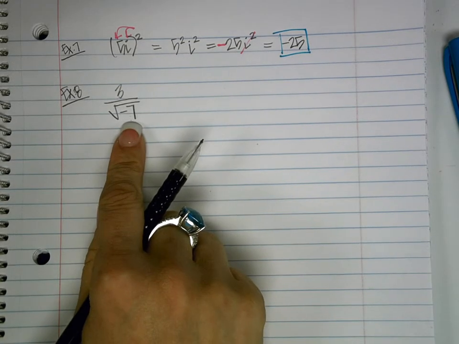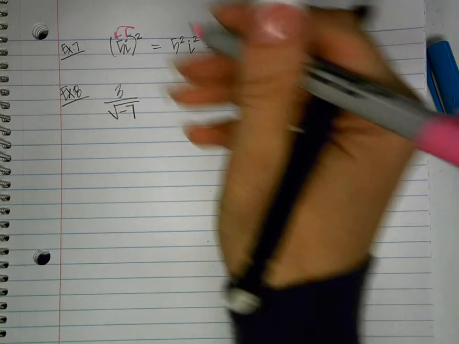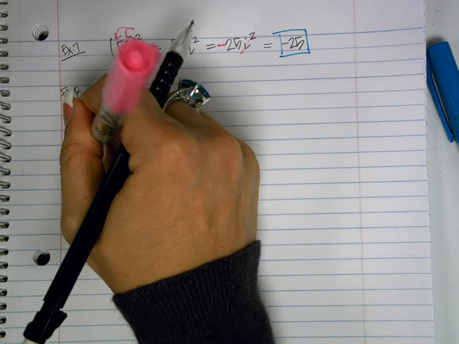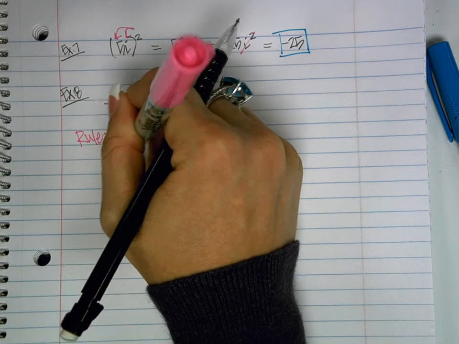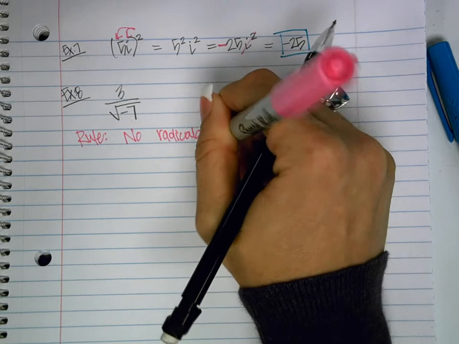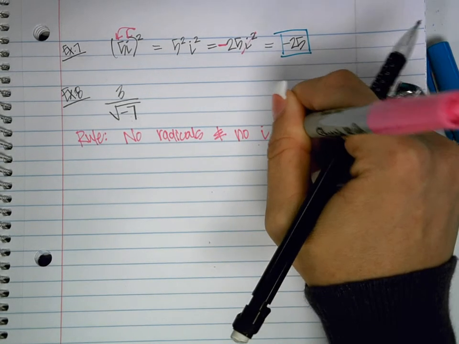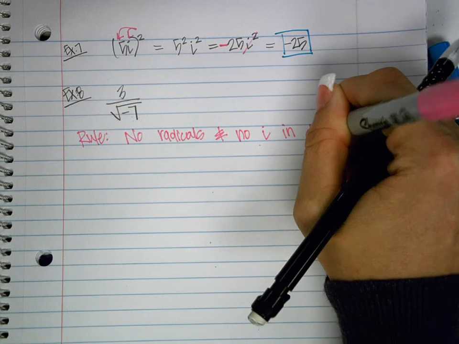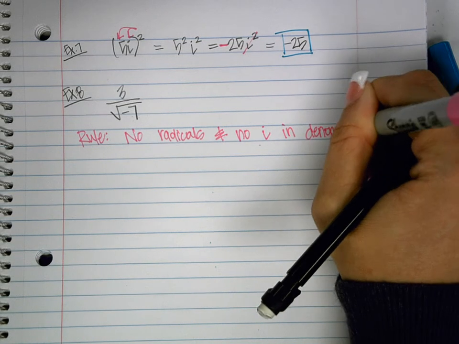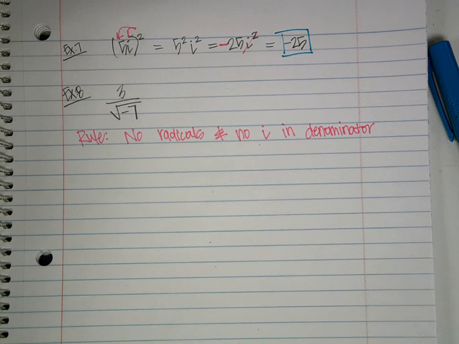There's also a rule that says no radicals and no i's in the denominator. Answers cannot have i's or radicals in the denominator. That's a rule that we have to follow.